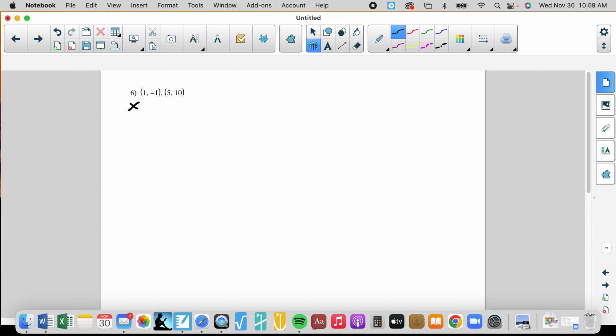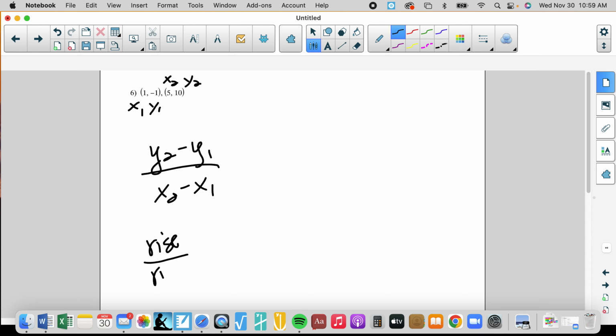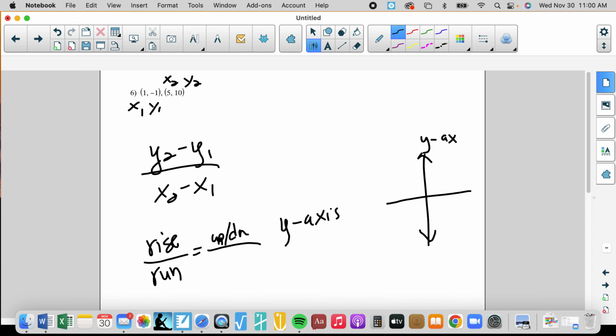So this is x1, y1. This is x2, y2. We have y sub 2 minus y sub 1 over x sub 2 minus x sub 1. Remember, it's rise over run. Rise, we go up, down. That deals with the y-axis. Up, down is the y-axis.